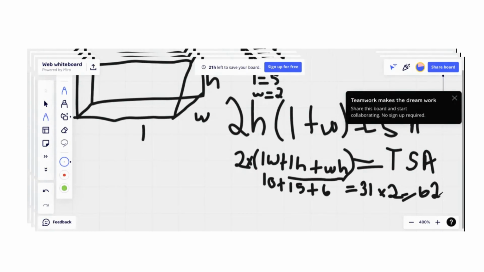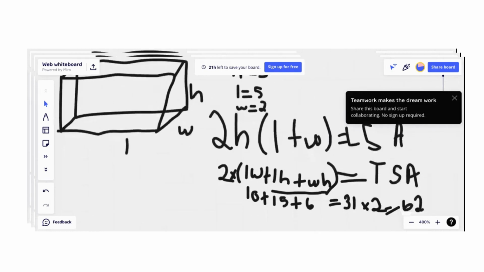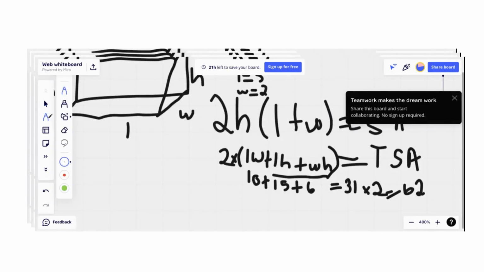And for our LSA, the height is 3. So 3 times 2 is 6.